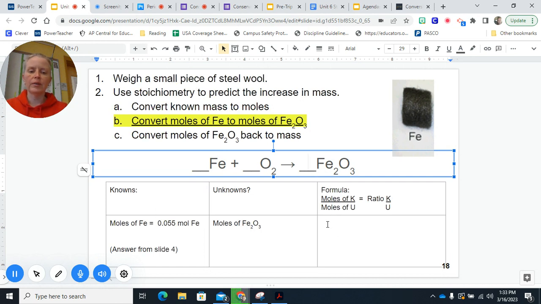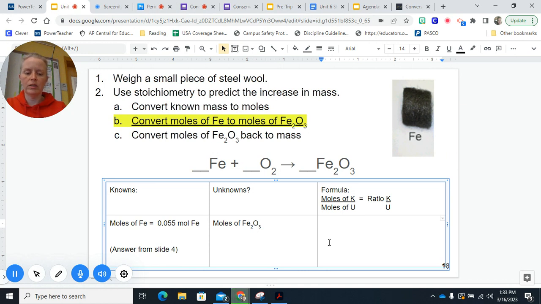And then you're going to set it up with the moles of the known, which is 0.055 moles of iron equals. You're going to use the coefficient that you see in front of iron here. So I'm going to let you figure that out. And then on the bottom is what we're trying to find.